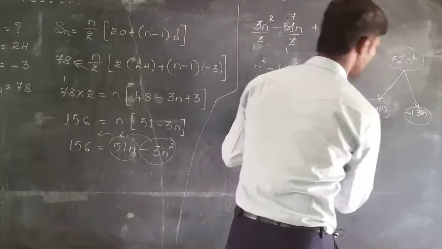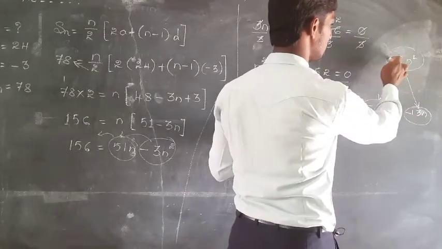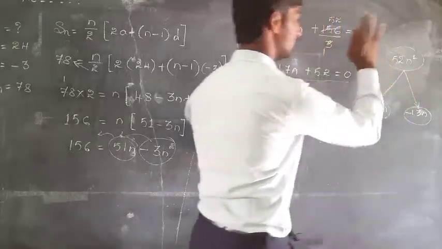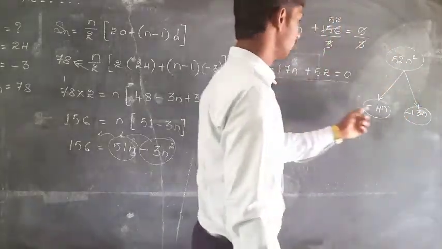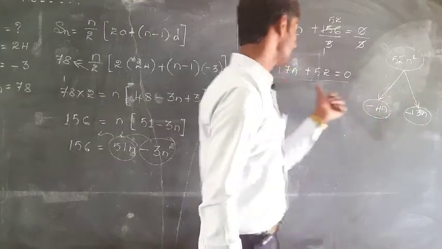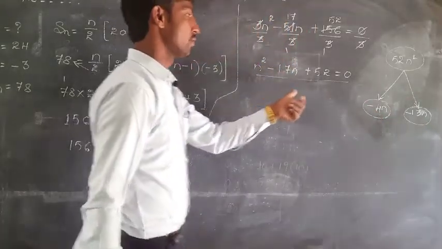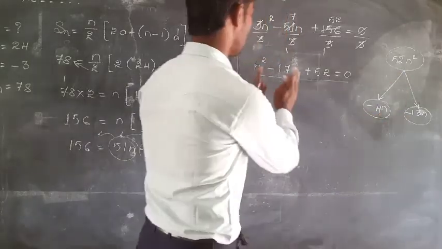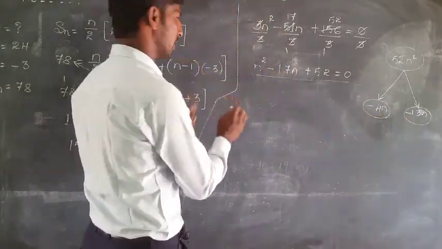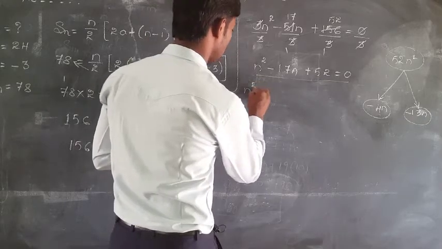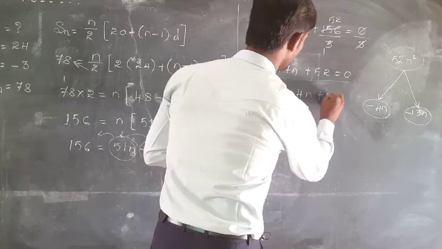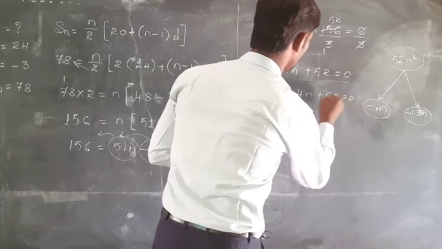Just check again, minus into minus it is plus, 4 13s are 52, n into n square, as it is tallied. Again for the middle term, minus 4n minus 13n, it is minus 17n. So therefore what we find is that the factors of 52 are very suitable for the middle term of our required trinomial, that is n square minus 13n minus 4n plus 52 is equal to 0.